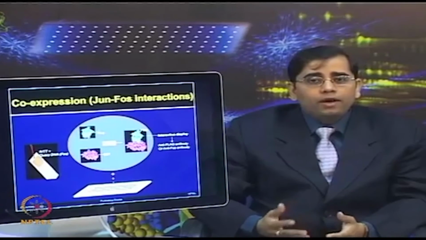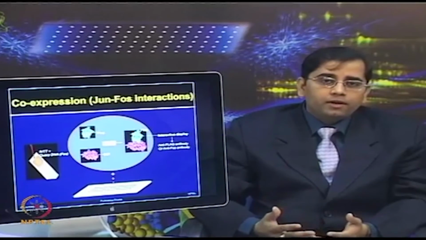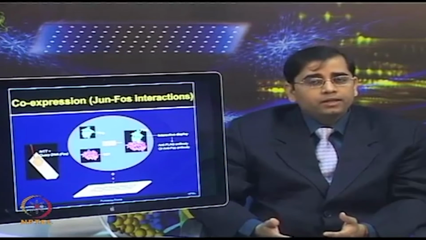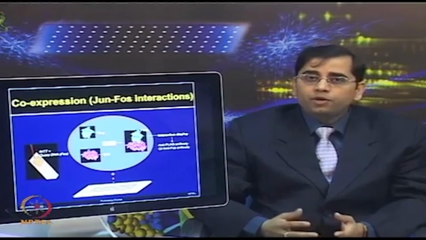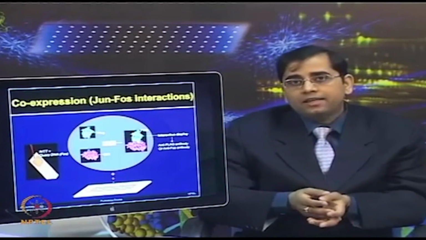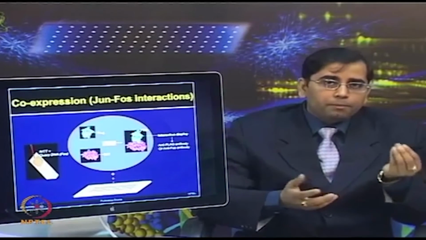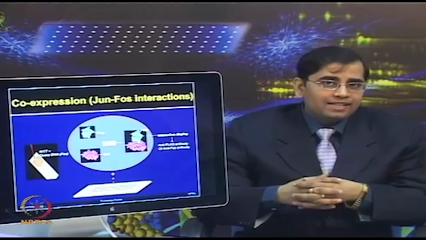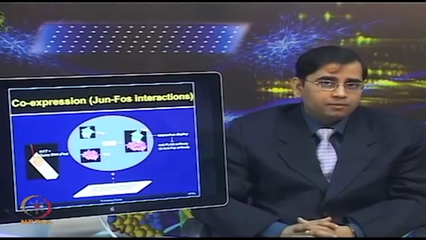It means the query proteins along with the arrayed proteins were expressed by using a cell-free expression system. So, there was no need to purify the query protein as well. When the protein interaction study has to be performed, you take the cDNA of Fos, for example, and mix it in the rabbit reticulocyte lysate along with the other in vitro transcription translation machinery.